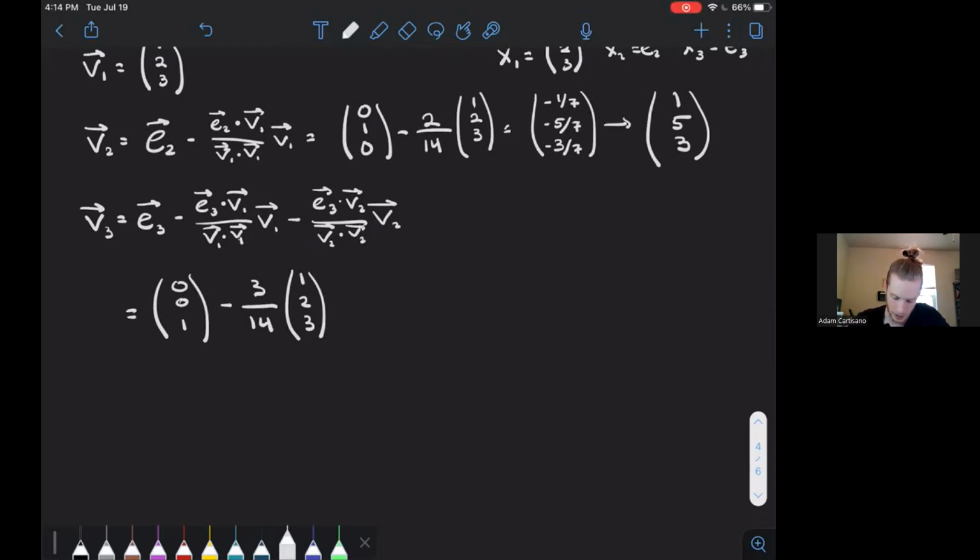And minus e3 dot v2 is just the third component of v2, which is 3, divided by v2 dot v2, which is 1 plus 25 plus 9, 35, times v2, (1, 5, 3).